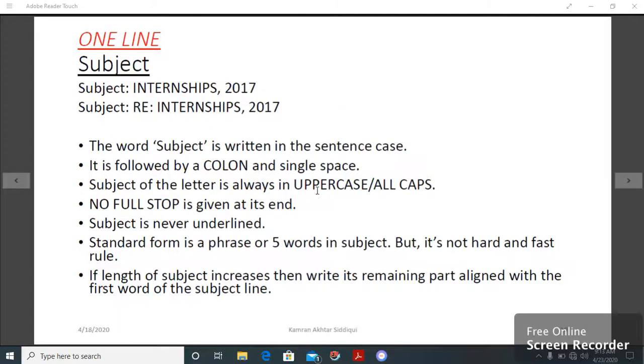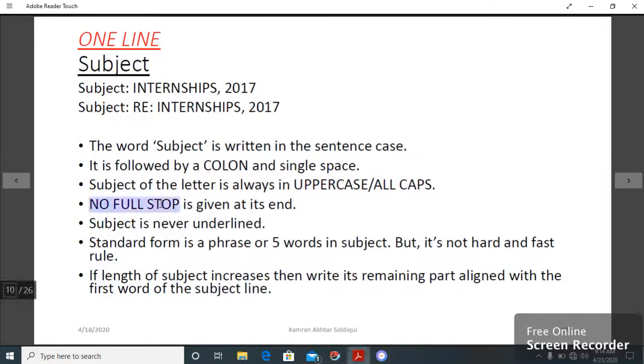When you are done with the inside address or the recipient address, we give one line space and then we write the subject. Remember, the subject has to be in this sort of format, that the word Subject is written in title case followed by a colon and obviously a little space, and then whatever the subject is, it has to be written in capital letters.